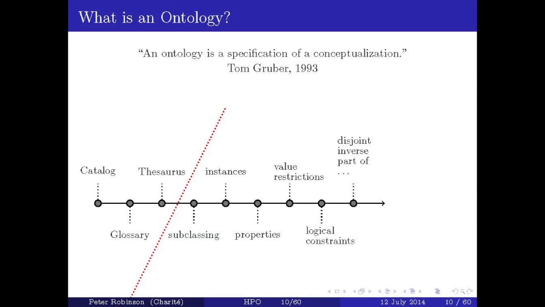So conceptualization, let's just imagine we're talking about wine. Something I like a lot. And let's imagine we have a catalog of wines. All right? And so we'll have Chardonnay, we'll have Rioja, we'll have Riesling, all of these things. And if I then have a definition, I'll have a glossary.